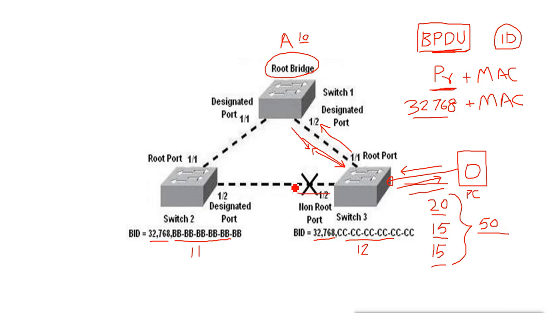It is like in OSPF, where we have DR and non-DR routers. DR is the designated router, chosen by an election based on the router ID. Here it does the same thing: it selects the root bridge based on the switch ID, the bridge ID.